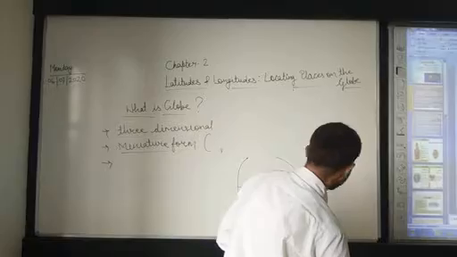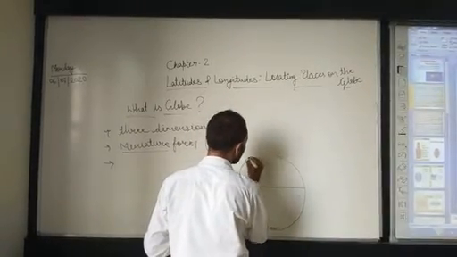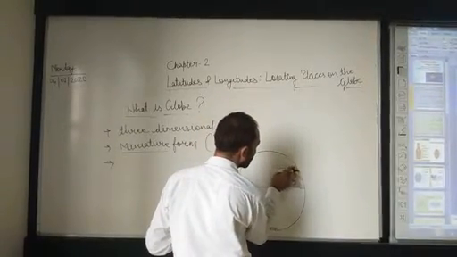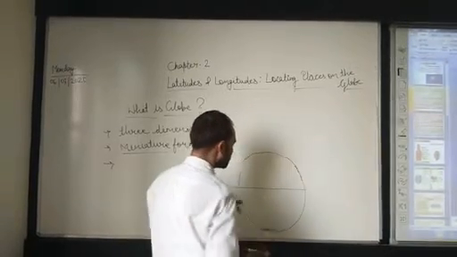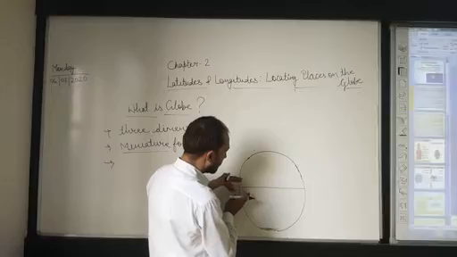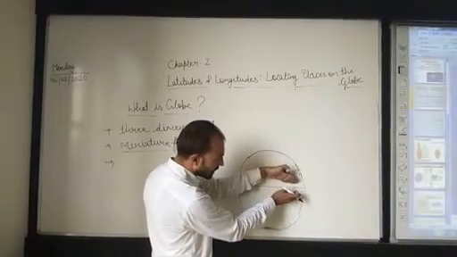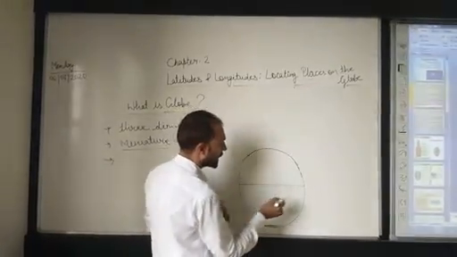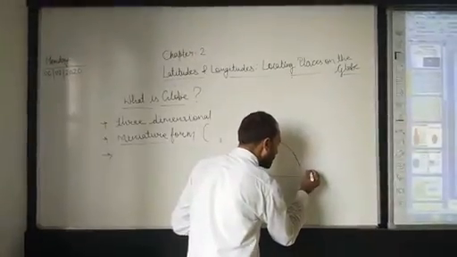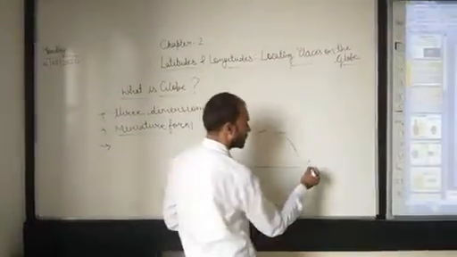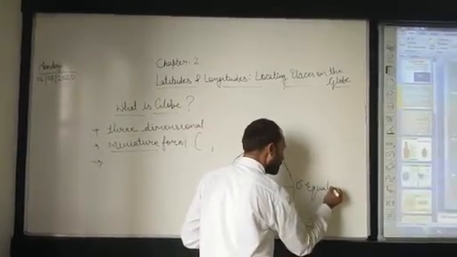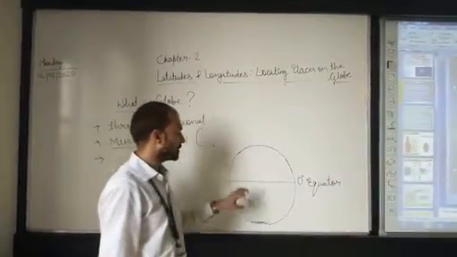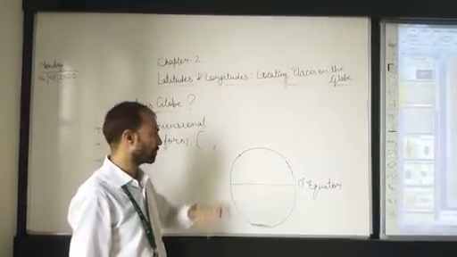So students, this is our globe, and there is an imaginary line which lies at 0 degree. This is called the equator. What is it called? Equator. This is an imaginary line.